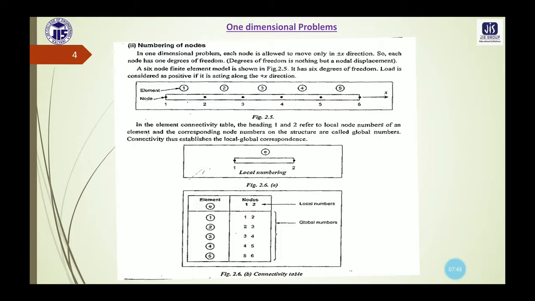The connectivity thus establishes the local-global correspondence. In figure 2.6a we can see the local numbering, and in figure 2.6b, in the connectivity table, we can see the relationship between the local number and the global number.